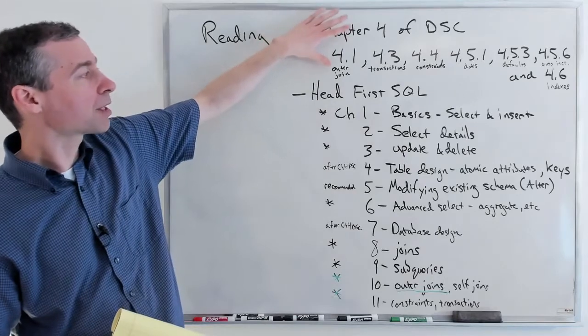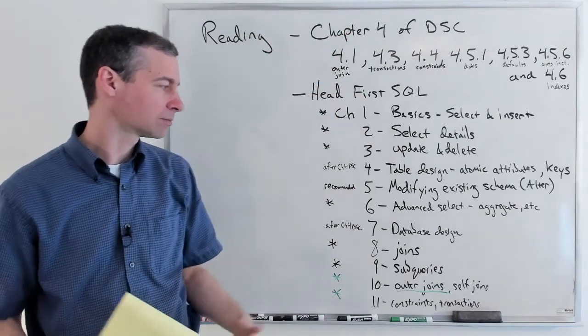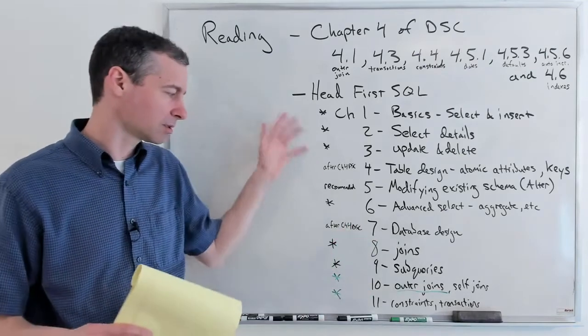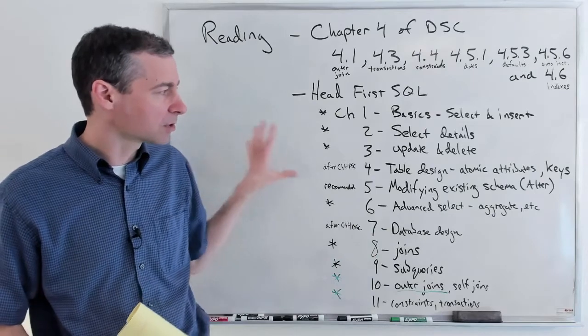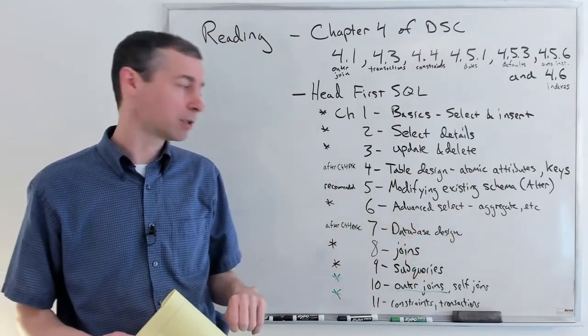Anyway, this is an overview. This would be required reading. This is sort of a map and a guide to what's going on with this other book, where at the moment I don't have any required reading for it.